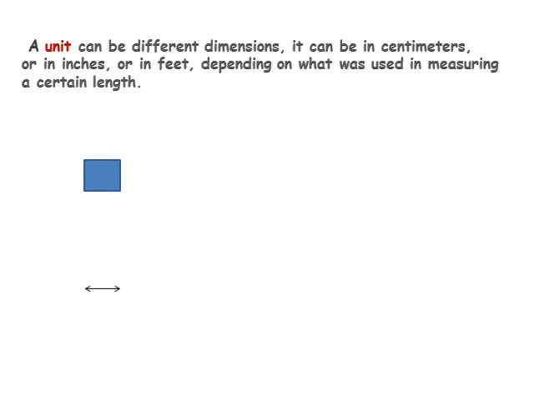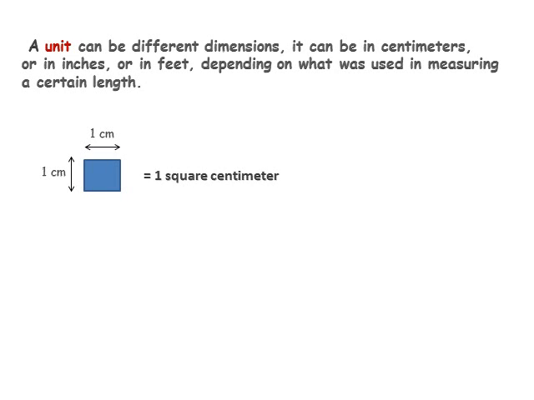Say for example this square. The length of this square is 1 centimeter and the height or the width is also 1 centimeter. So this is what you call 1 square centimeter. Yesterday we did not really know what we were using in measuring the dimensions of our square, so we would just call it 1 square unit.